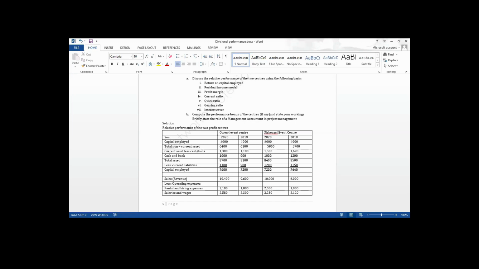The formula is profit before interest and tax divided by the capital employed, multiplied by 100 over 1, where capital employed is equal to non-current assets plus current assets minus current liabilities.